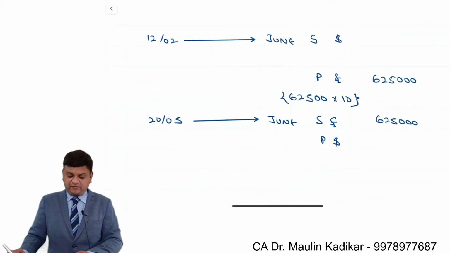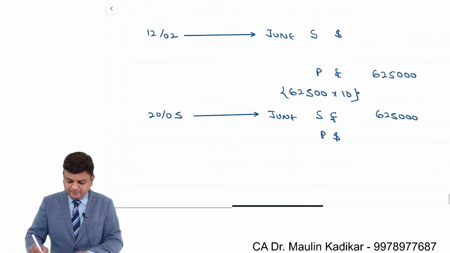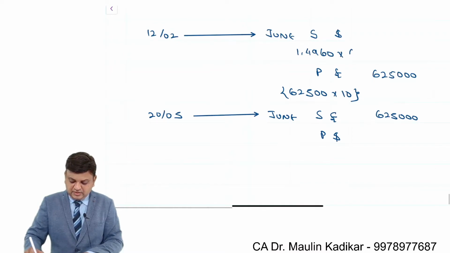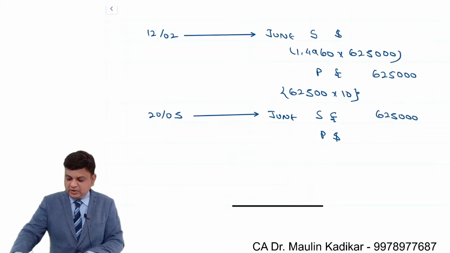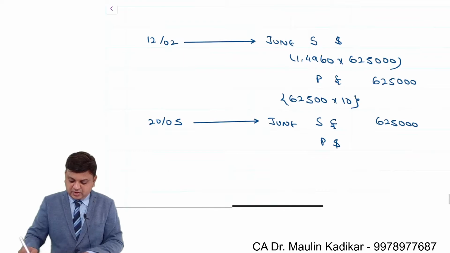Original futures contract was entered upon at the rate of 1.4960. So 1.4960 into 6,25,000. The product of these two comes to 9,35,000. So this is the amount of dollar that you have to sell.